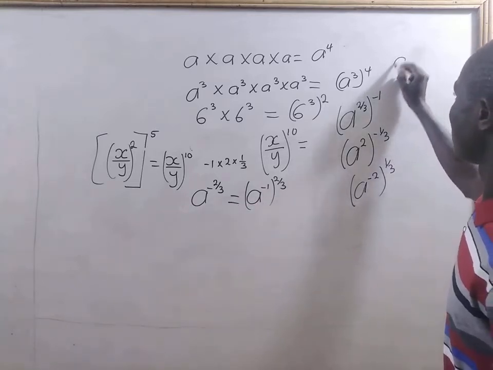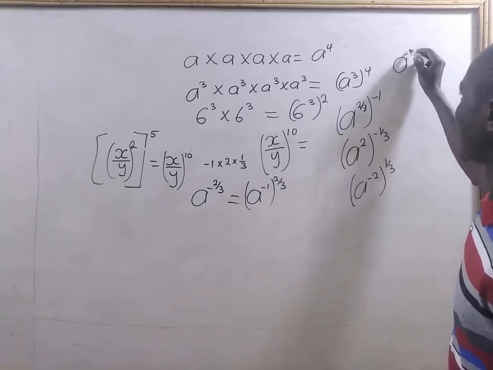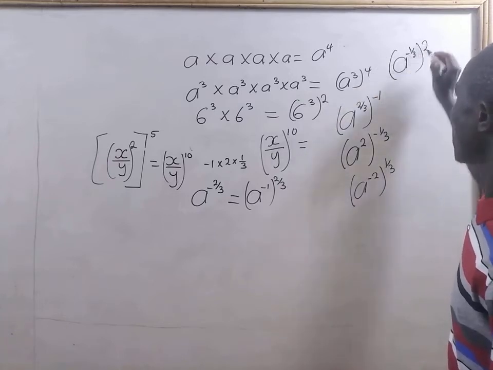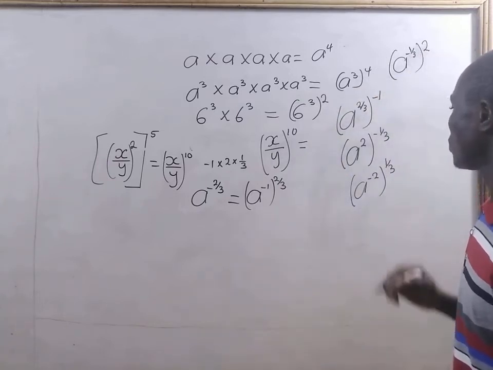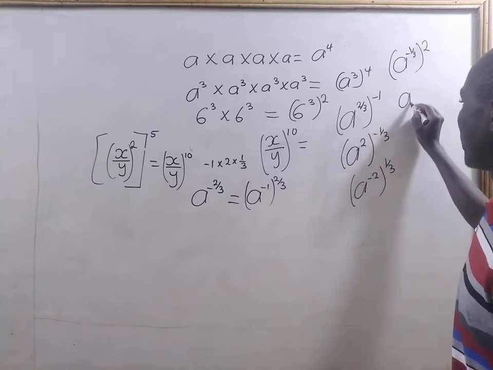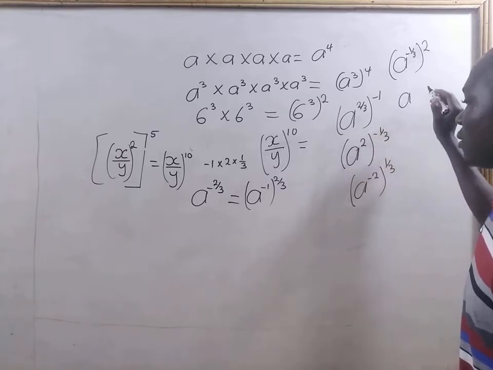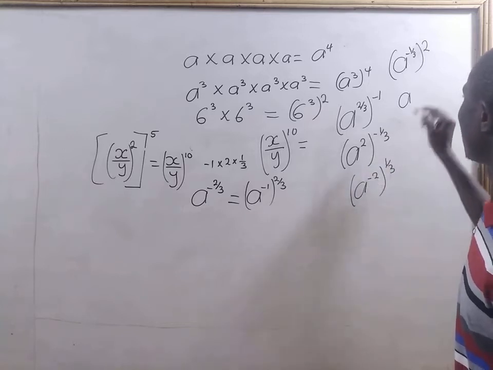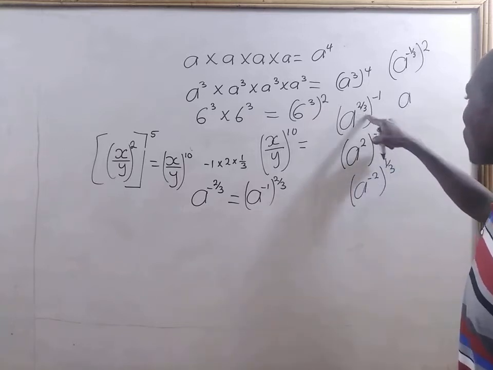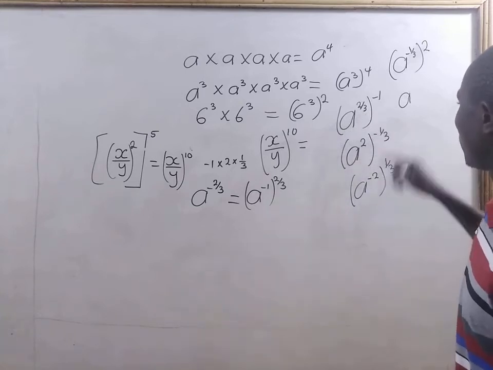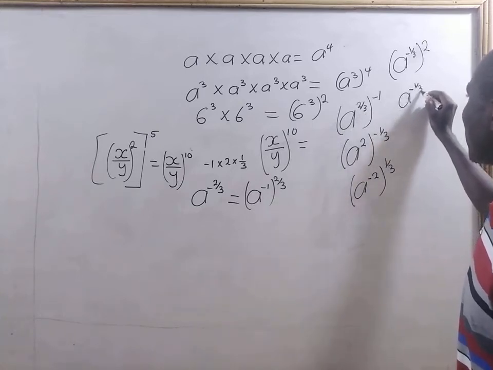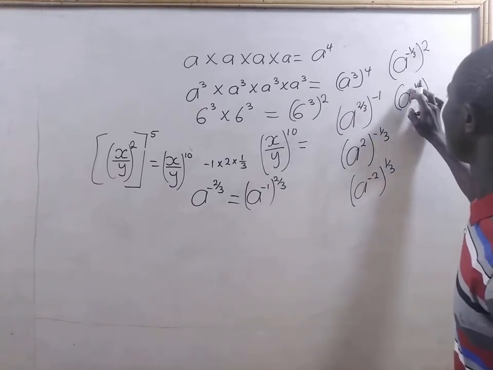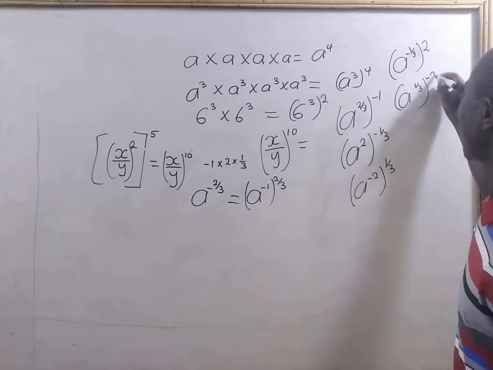Or we can write it as a to the power negative 1 out of 3, then bring the 2 outside. Or we can write it as a to the power negative 2 here. We have 2 out of 3 here. Okay, negative 1 out of 3. Oh, that is what I've done at the top here. Positive 1 out of 3 rather, and we bring the negative 2 outside.